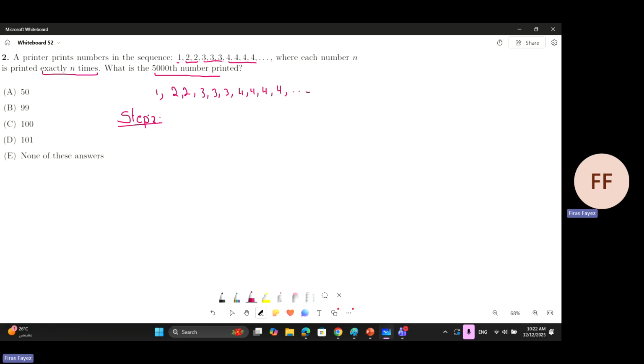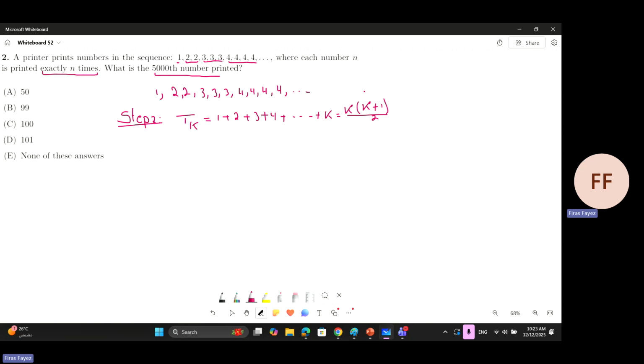We know that the total number of terms up to and including all occurrences of the number k can be calculated by summing the first k positive integers. So we have T of k equals 1 plus 2 plus 3 plus 4 plus ... plus k, which equals k times (k plus 1) over 2.